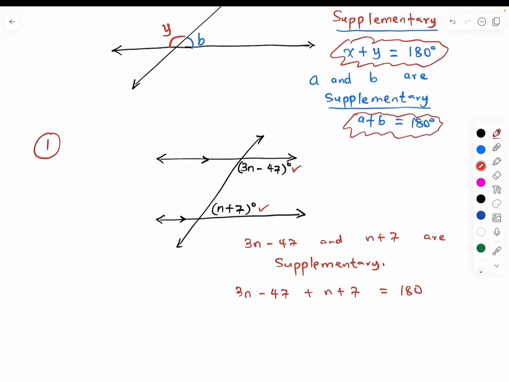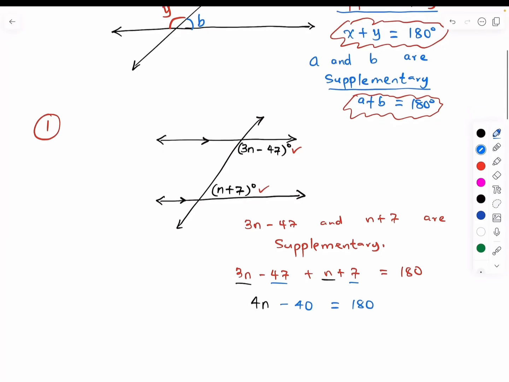Now let's solve this equation real quick. Let's collect the like terms. What are the like terms? This and that. We have 3n plus n, which gives me 4n. The other like terms are negative 47 plus 7, which gives me negative 40, equal to 180. Let's solve this two-step equation. The first thing I need to do is add 40 to both sides.